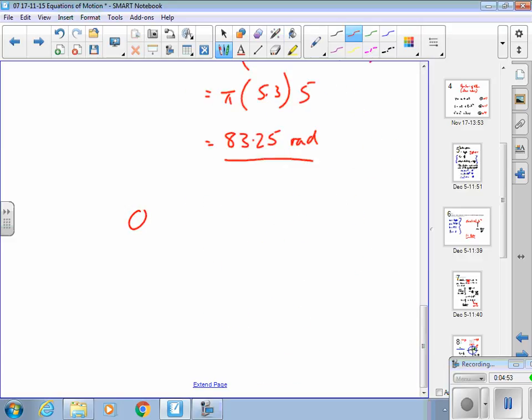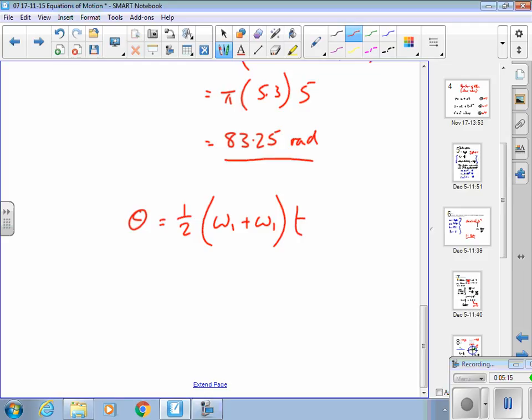Theta equals? Okay. The total angle turned is the average angular velocity, omega 1 plus omega 2 over 2, times by the time taken.